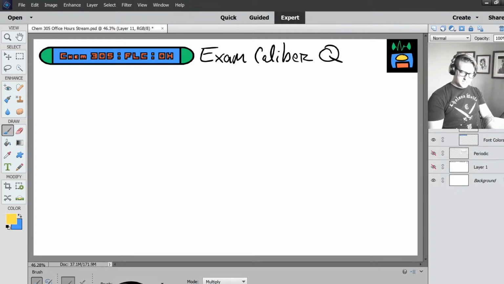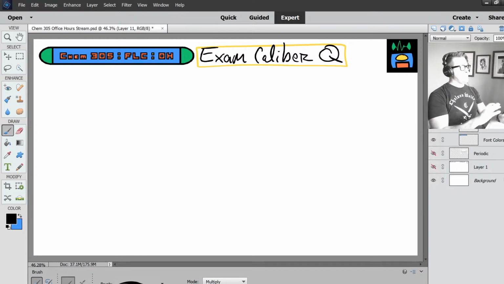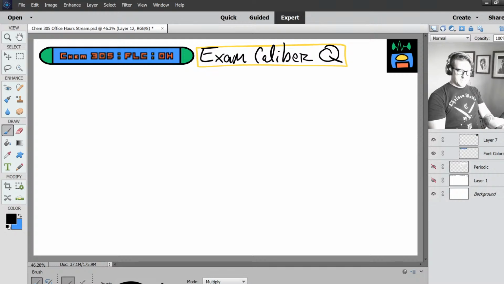This is the exam caliber question from a few days ago, and first we're asked to balance a reaction where we have aqueous silver nitrate, silver 1 nitrate.